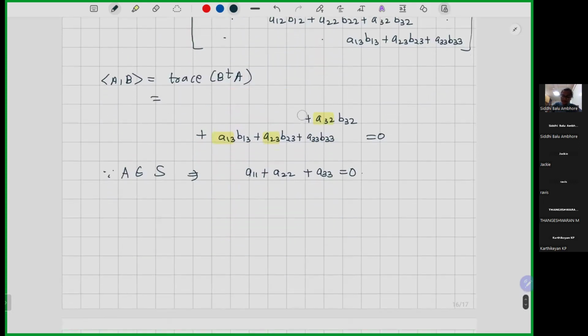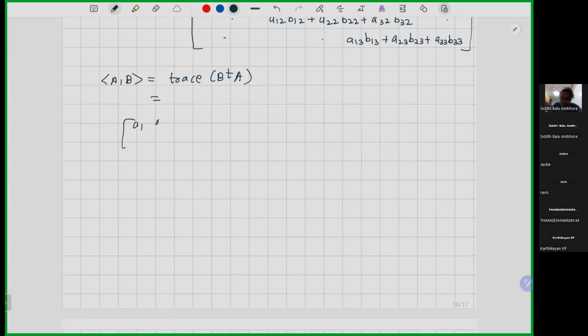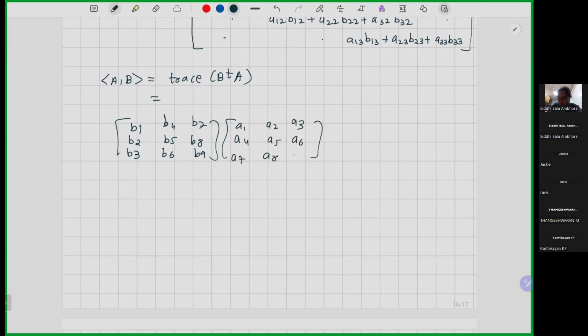It is really confusing with 1, 2, 3s. I'm really sorry for this, but let me do this because it will be then B1, B2, B3, B4, B5, B6, B7, B8, B9, A1, A2, A3, A4, A5, A6, A7, A8, A9.